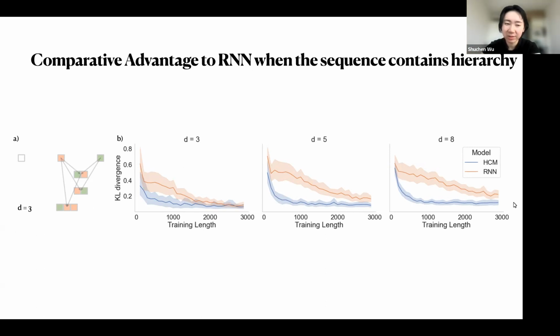So you use HCM and RNN to train on the same sequence, and then you use both models to generate an imagined sequence, a very long imagined sequence, and then you use this imagined sequence to evaluate the probabilities of each ground truth unit occurring, and compare that with the ground truth probabilities for these units.